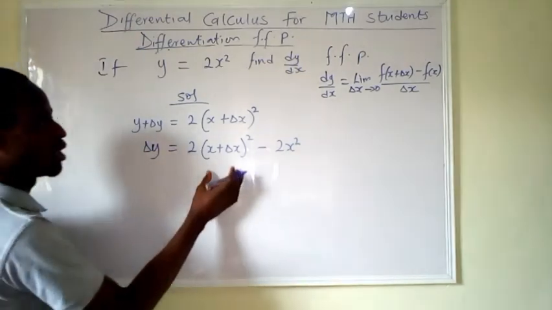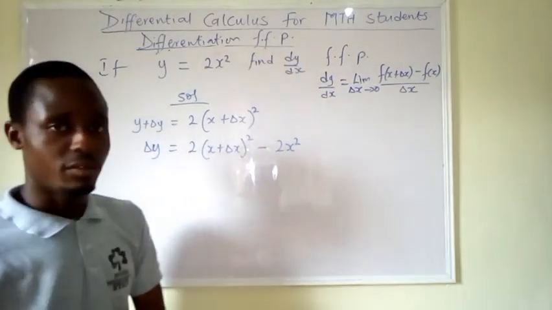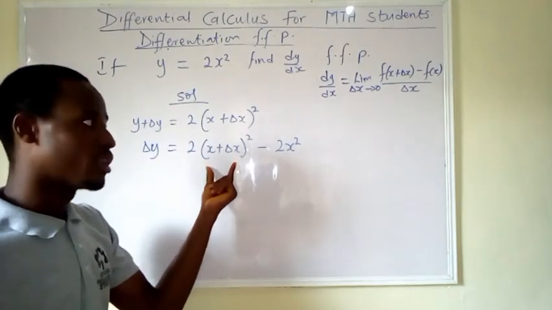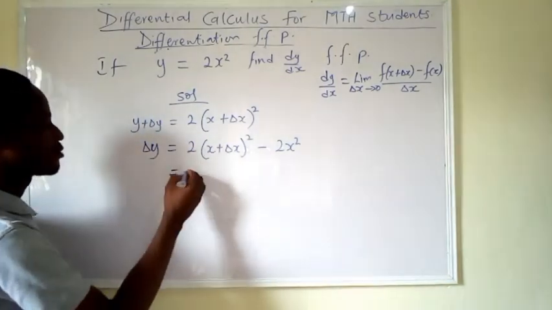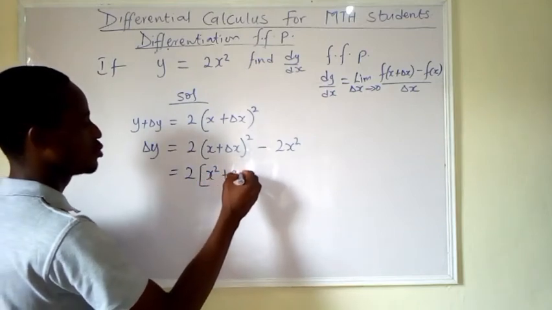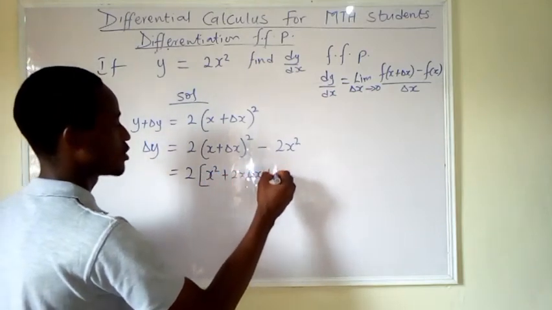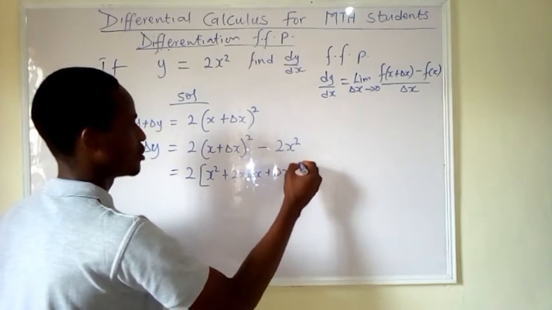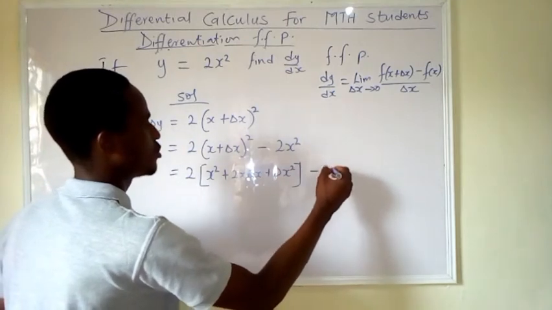So then what next? I can actually simplify what I have here. If I expand this square, I would have 2 into x squared plus 2x change in x plus change in x squared, minus 2x squared.